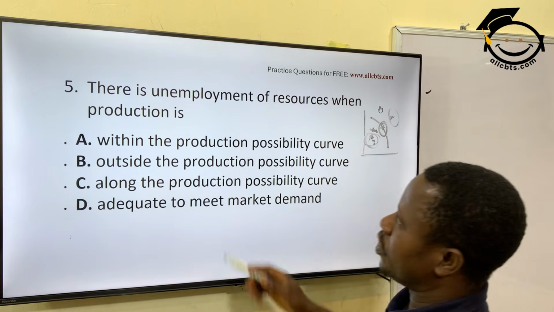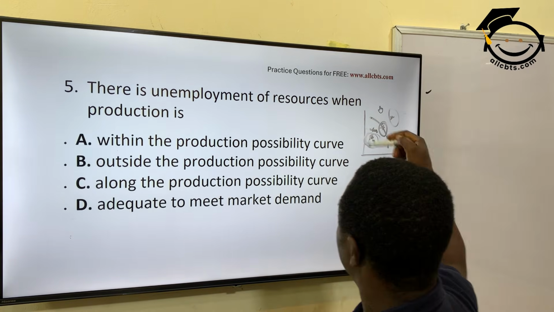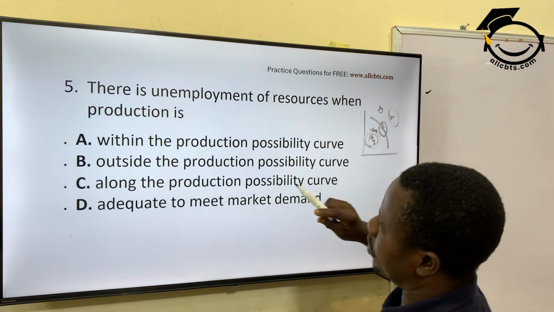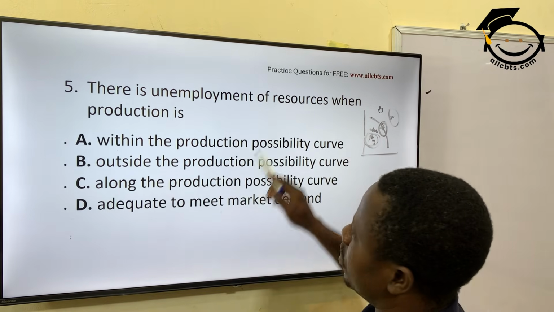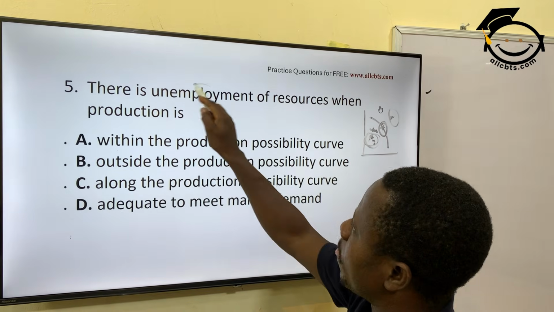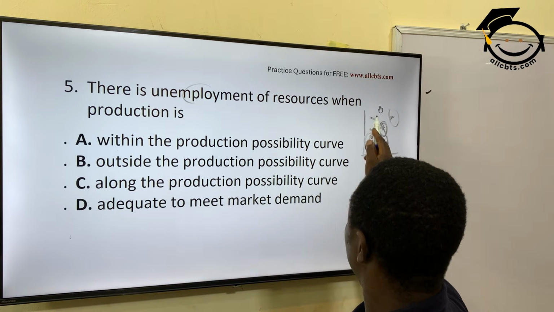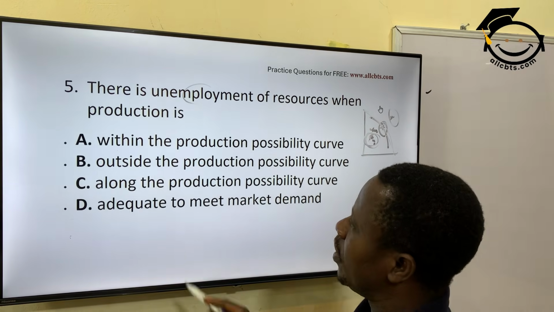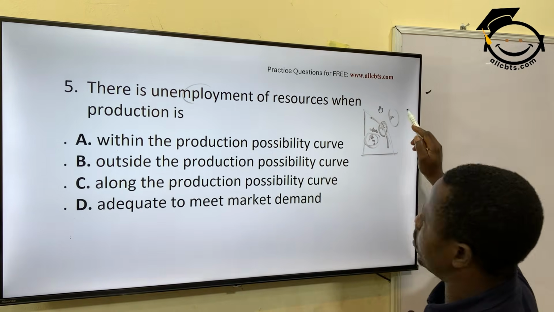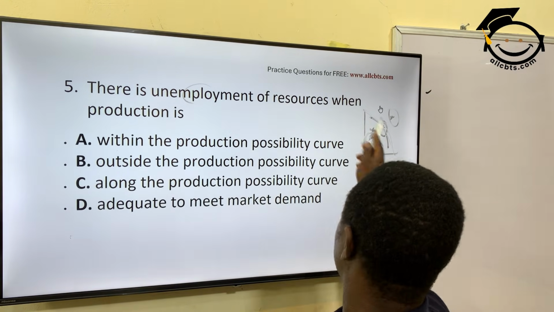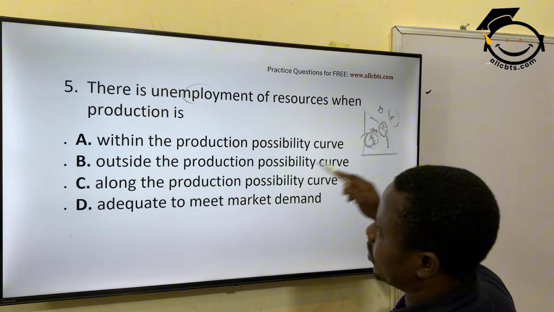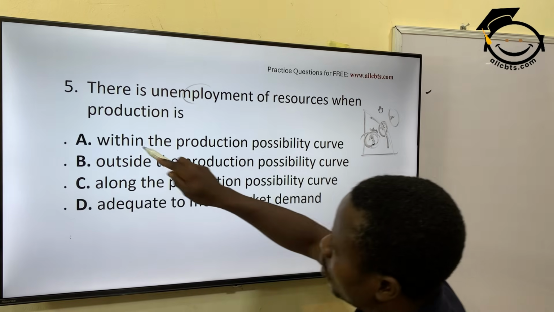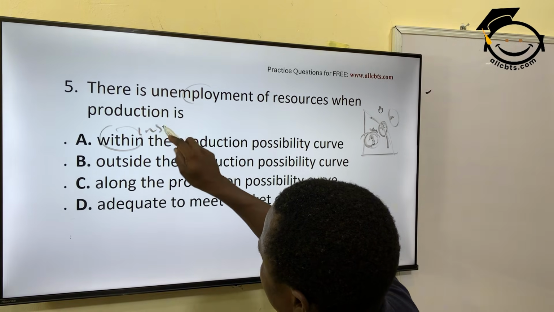Okay. So, there is unemployment of resources. Check this table I just drew on the screen. There is unemployment of resources when production is within the curve. Outside, that's overutilization. Then along the curve is full utilization. So within means inside the curve.